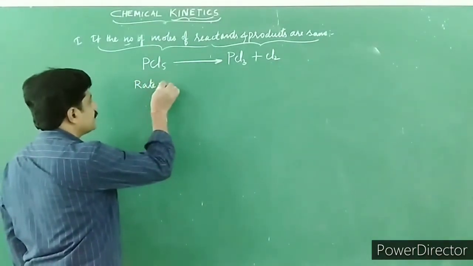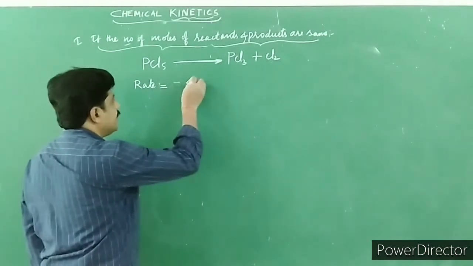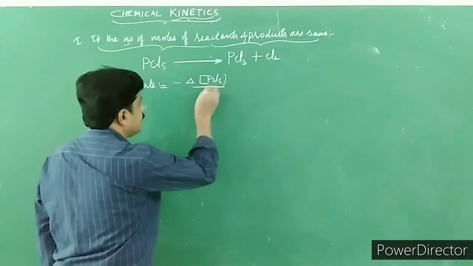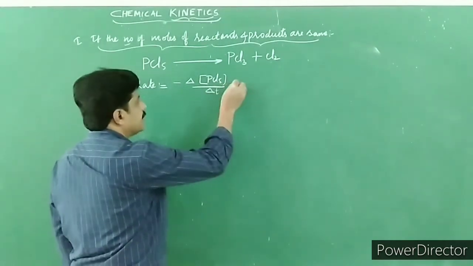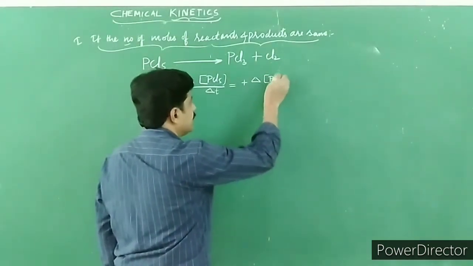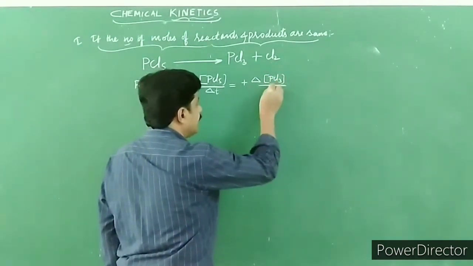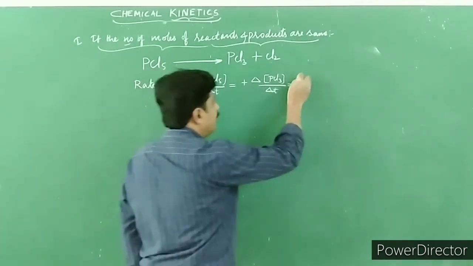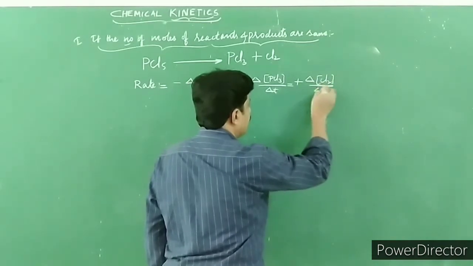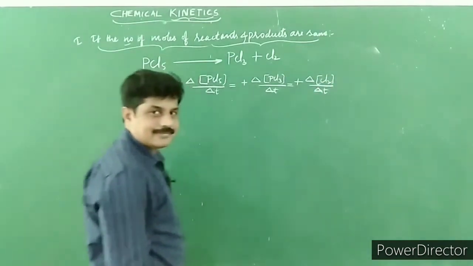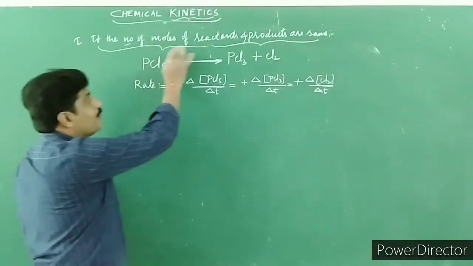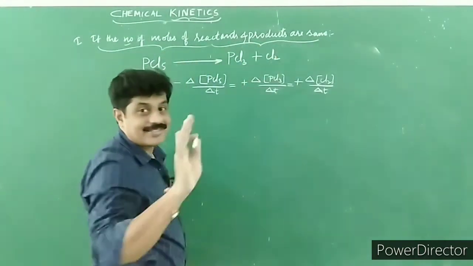Rate is equal to minus delta concentration of PCl5 upon delta T, that is equal to plus delta concentration of PCl3 upon delta T, that is equal to plus delta concentration of chlorine upon delta T. Children, so this is for number of moles of reactants and products are same.